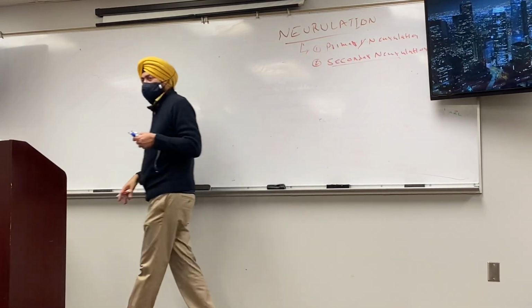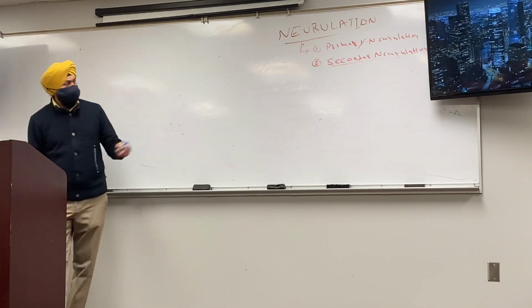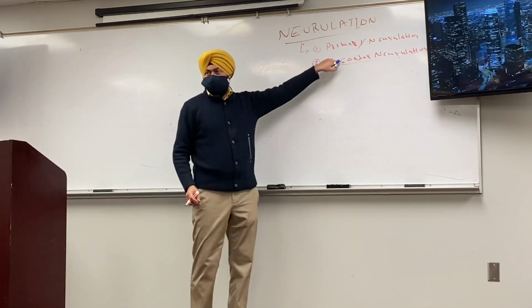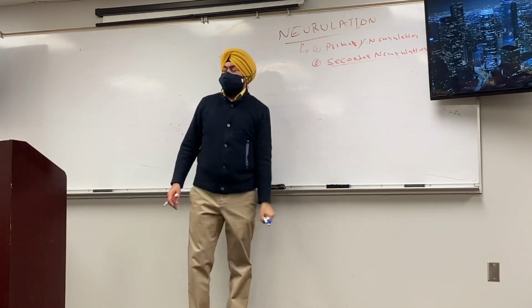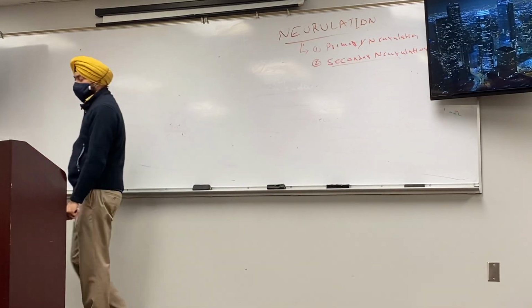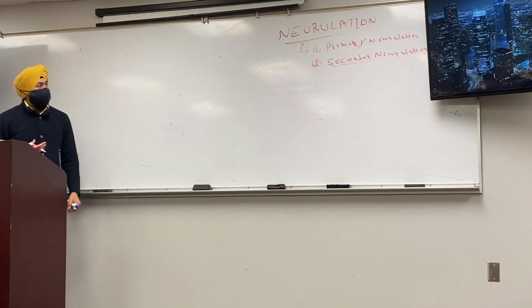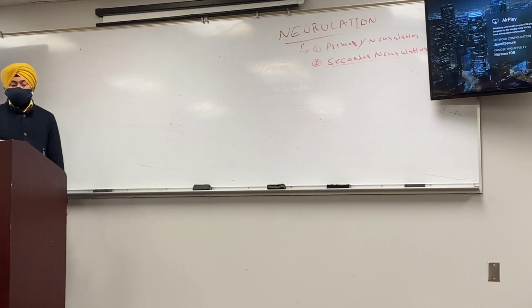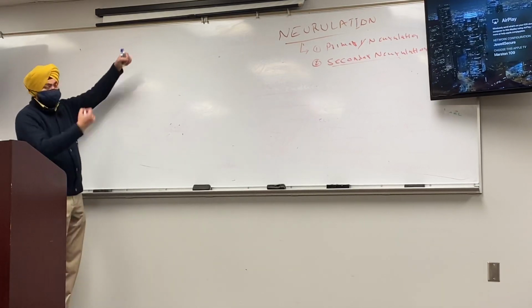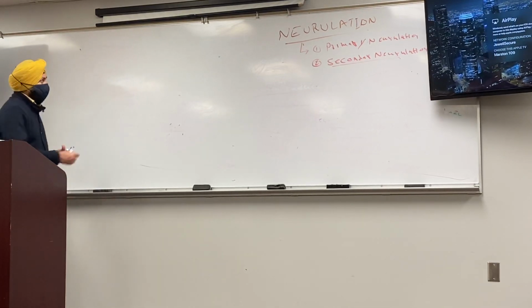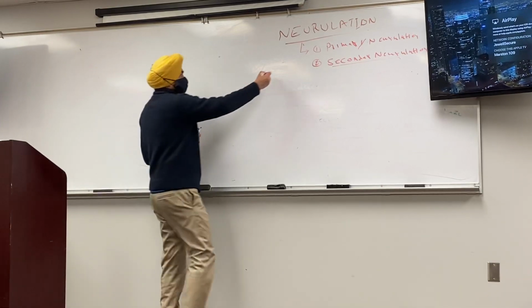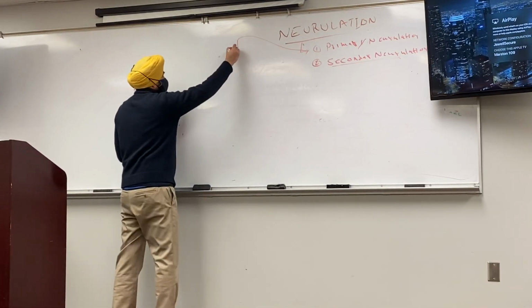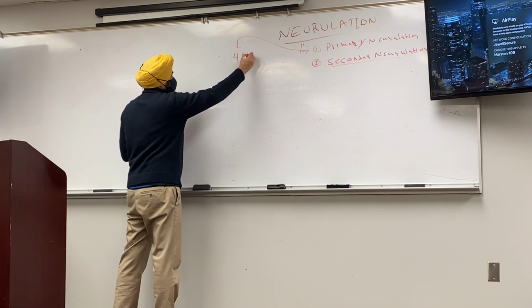So for the spinal cord and brain formation, this process is not involved. So primary neurulation is mainly involved in the formation of the spinal cord and the brain, okay? So now it has multiple steps there. The primary neurulation mainly occurs in 4 steps.